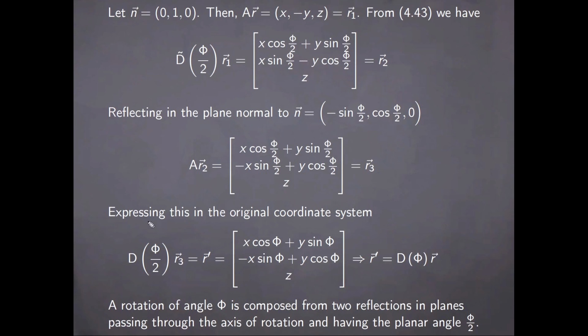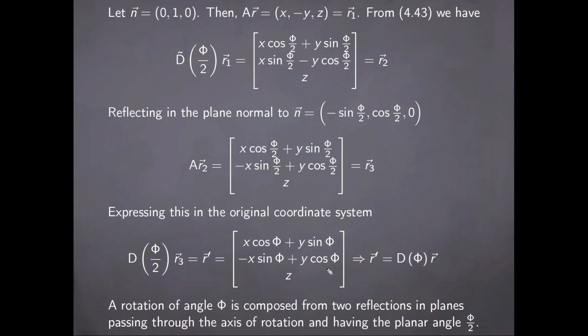However, if we were to express the vector R3 in the original coordinate system, this corresponds to applying the direct transformation of equation 433 to R3, so the matrix D corresponding to a rotation of phi over 2, and this results in the vector R prime having the components here.